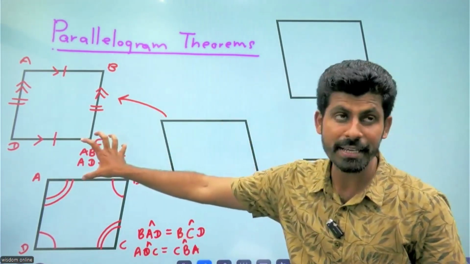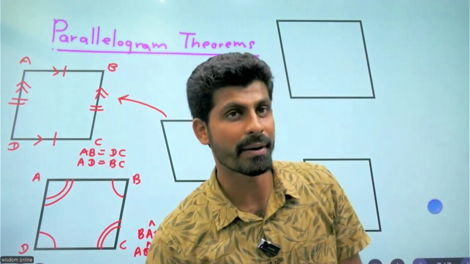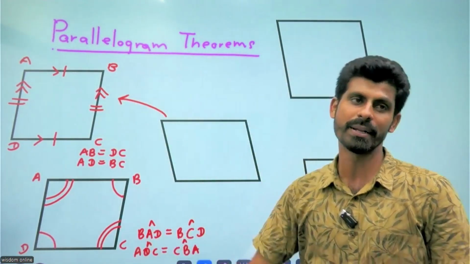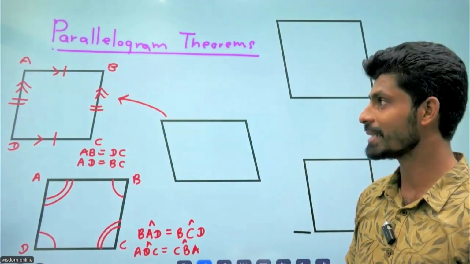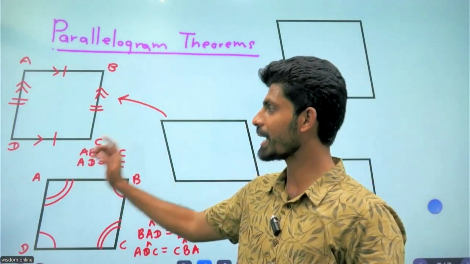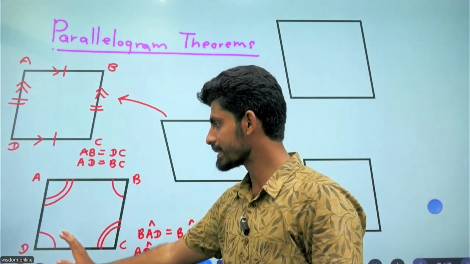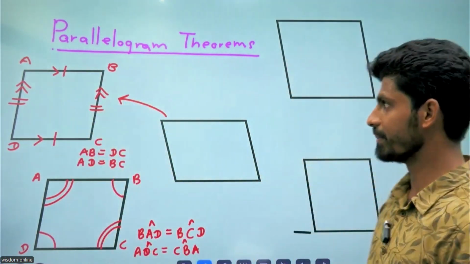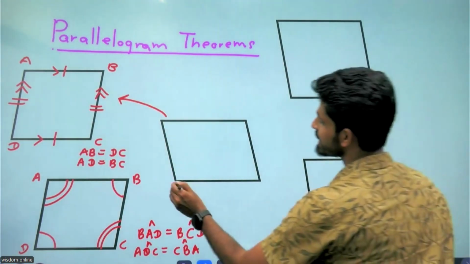Opposite sides are equal, opposite sides are parallel, and opposite angles are equal. So that is the second one.